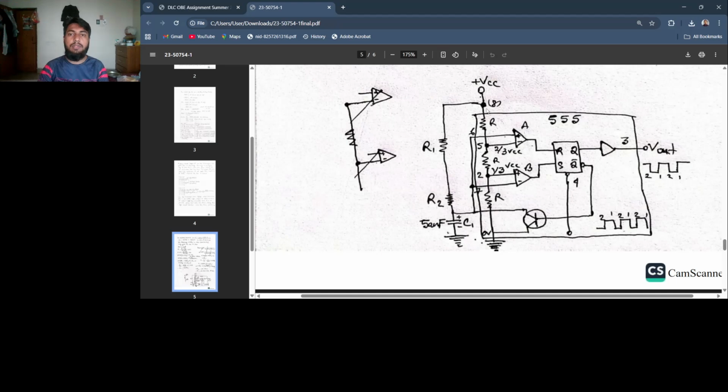Here is VCC, this is my power supply. So A plus is connected with B minus in series, and A minus and B plus are connected in series.